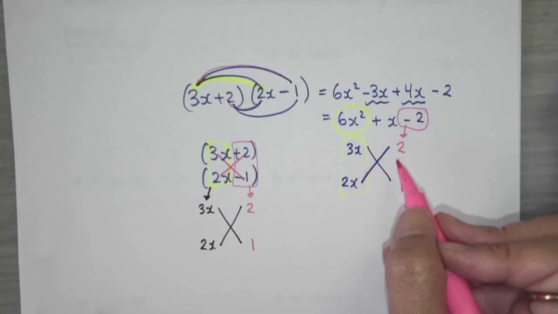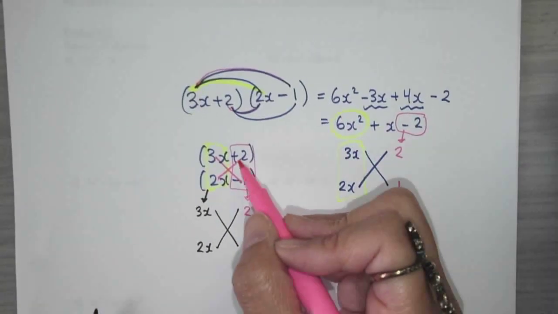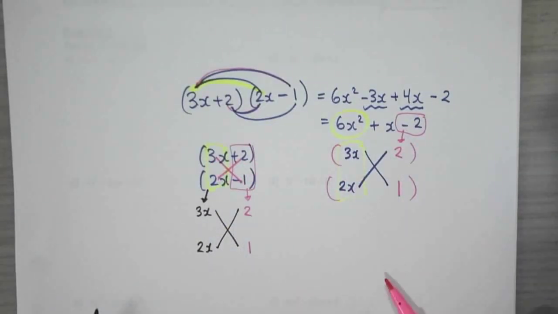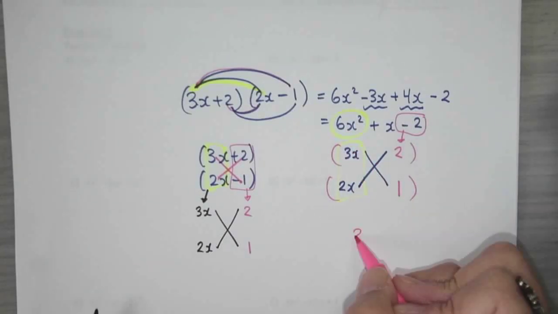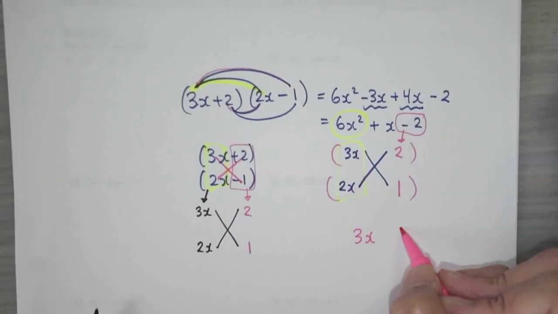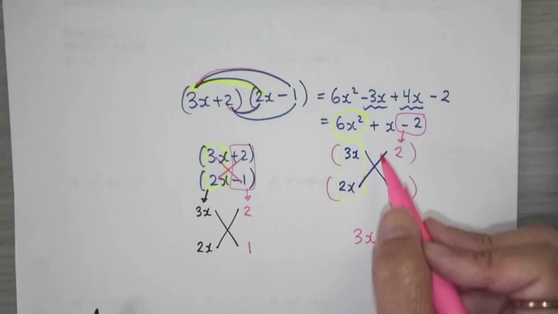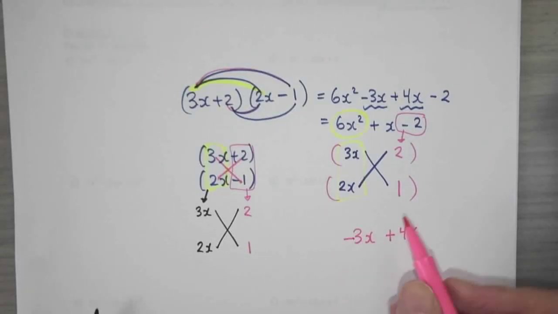So with this method, I'm taking my trinomial and using this crisscross idea to write my two brackets. If I do 3 times 1, I get 3x. 2 times 2, I get 4x. 3x and 4x are these guys. I need them to add to be positive 1, so I go positive 4 and a minus 3.